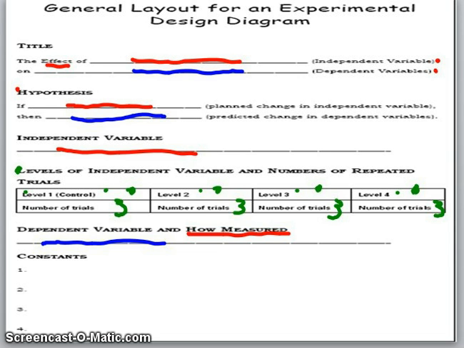And then the last thing is the constants. Now, I have 4 items written here. You can see we're right here at constants. I have 4 written down. That doesn't mean that you only need 4 constants. You might have 15 constants, 20 constants, 100, well, maybe not 100 constants, but you might have a lot of them. In John's case, he's got a lot. He's got more than 4 because he's got a baking pan, he's got an oven, he's got the temperature that he's going to be keeping the same.